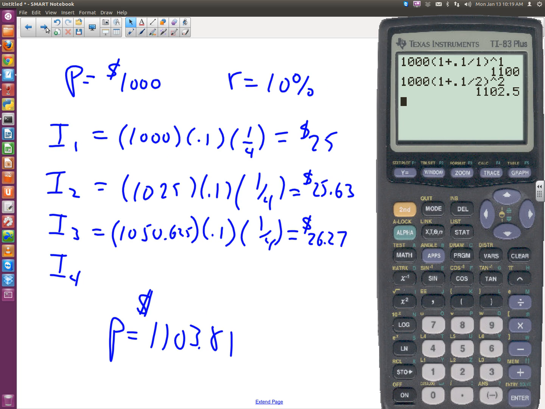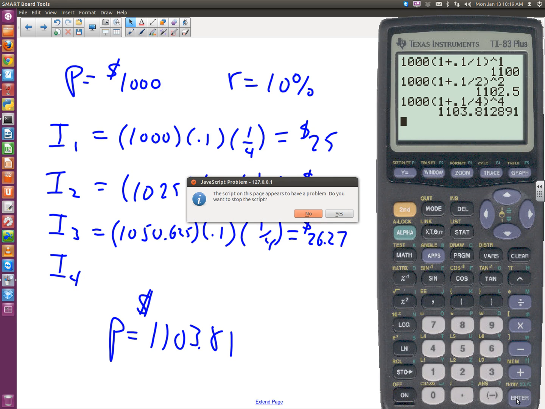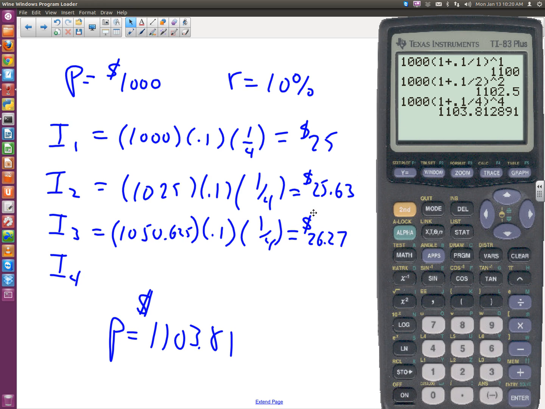Then if we do it 4 times a year, we ended up with this. Put a 4 here. Put a 4 here. And you get that. Okay, good. So what's the most that you can get? Notice what I'm doing. Once, twice, 4 times. I'm doubling it every time. What if I do it 8 times a year? How much money am I going to get now? I get interest 8 times a year.